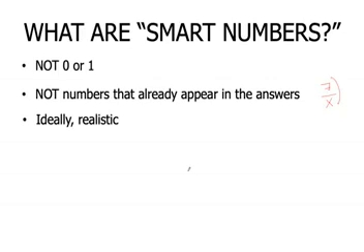Keep your numbers realistic to the context of the problem. So that means that if you're talking about someone's salary, maybe don't have them earn $2 a year. The reason for this is it acts as kind of a last check for you. If you pick realistic numbers, then you should expect your answers to be realistic. So if you come up with unrealistic answers, then it kind of alerts you that you've done something wrong.